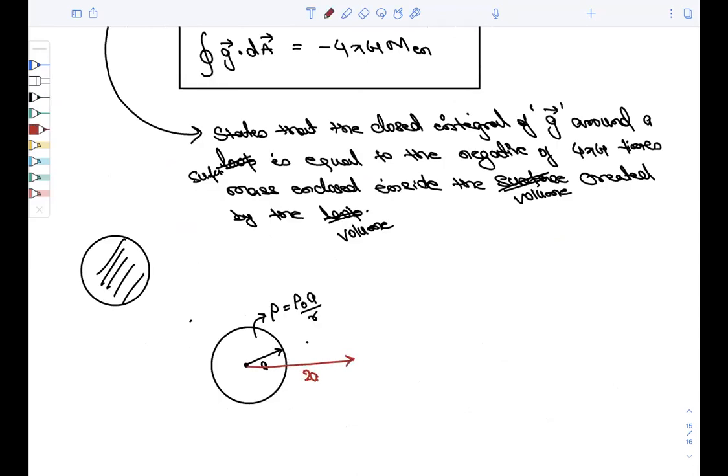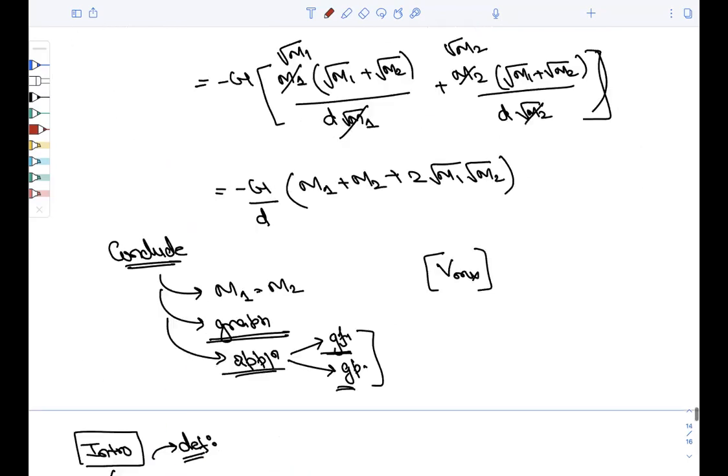This is 2a. At this point we need to find the gravitational field, or any point at a particular distance from the center will lie on a spherical surface.